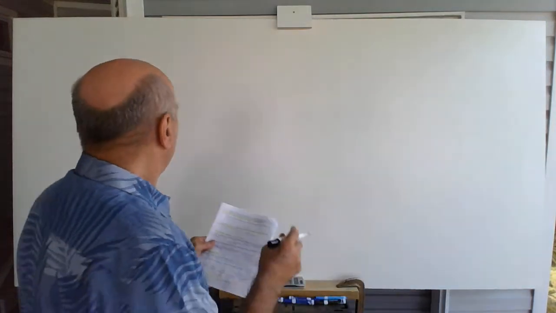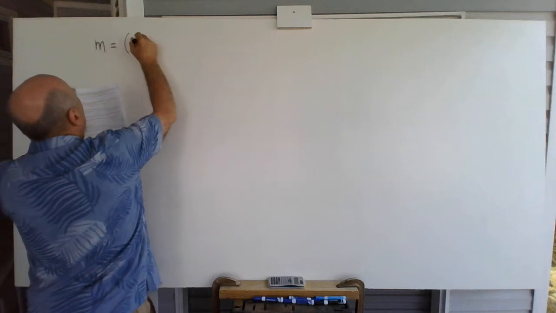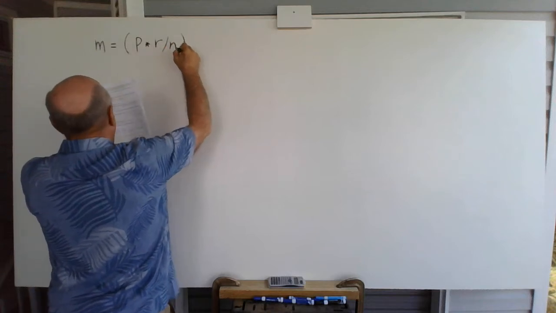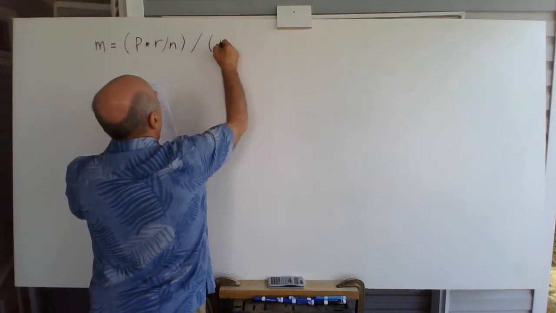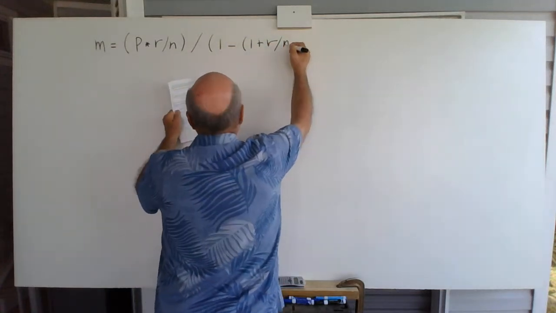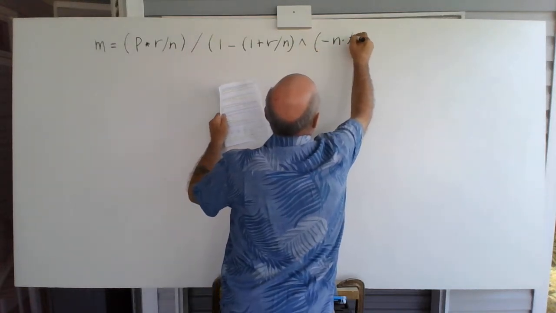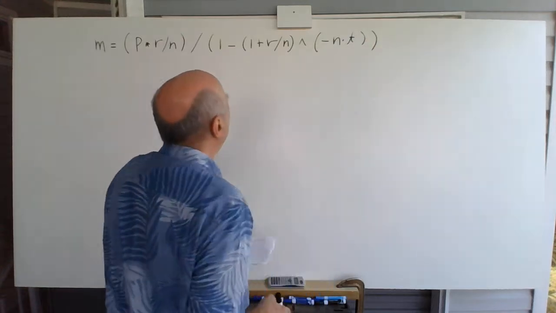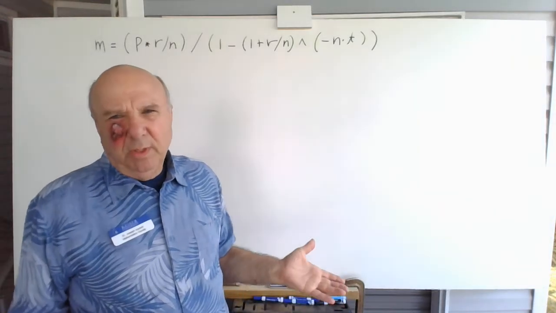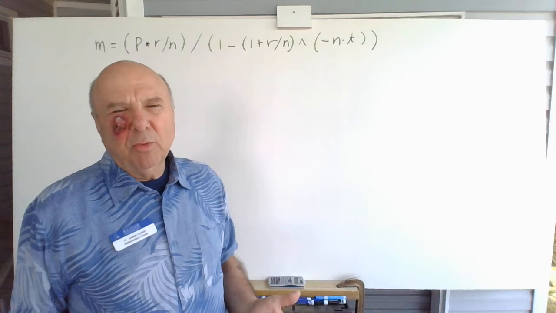Here we go. There it is. Now, when you write it vertically, you don't have as many parentheses, but this is what you need so you don't make any mistakes with order of operations.